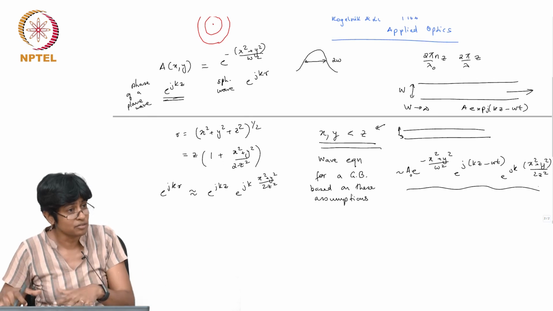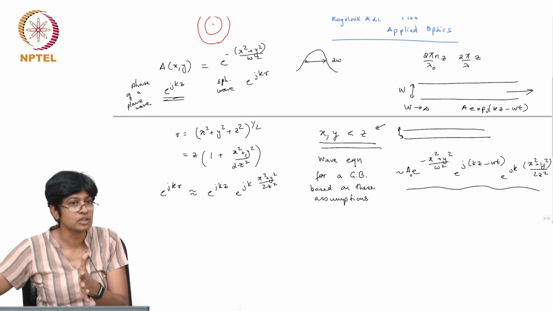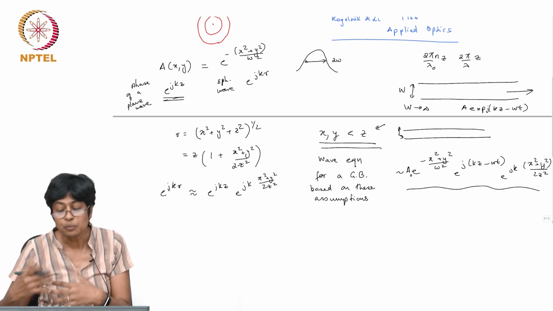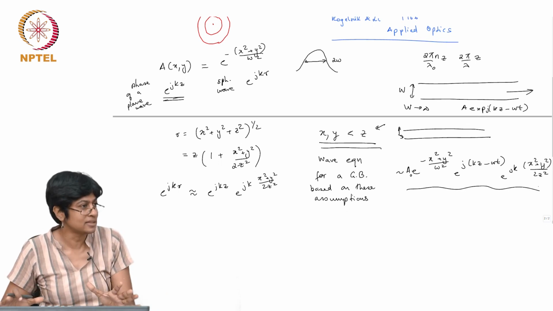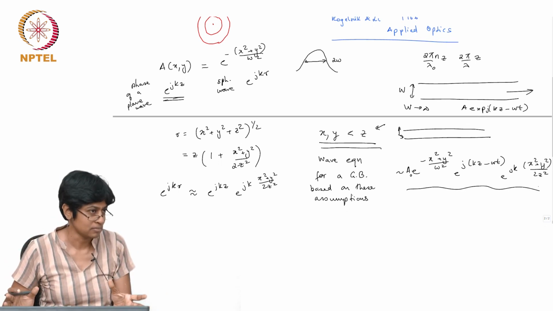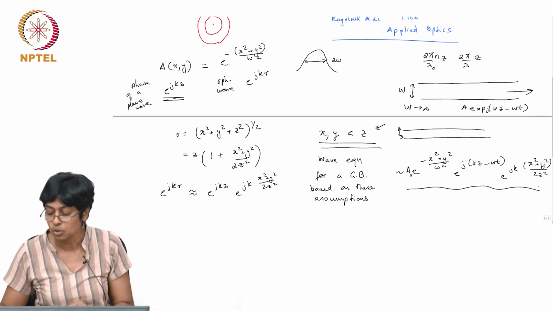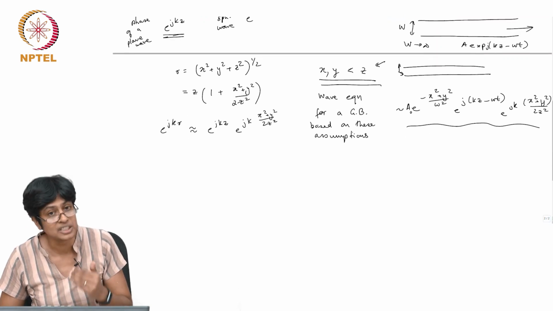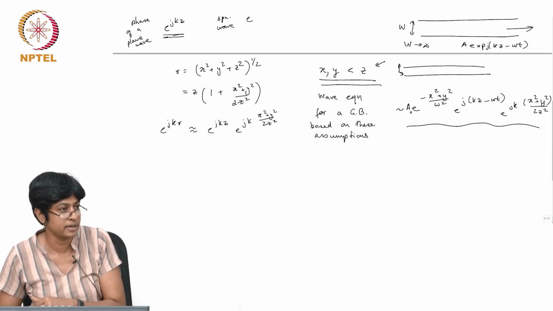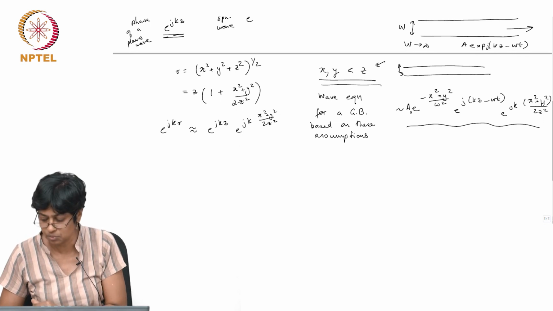So this few minutes should have given you some background as to the origin of these different terms. We can't explain every term of the actual Gaussian beam with this hand-waving argument, right? But at least some of the terms should make more sense to you now. So what I'm going to do now is write out the expression arrived at from a formal derivation, or a formal solution to the wave equation, taking Gaussian beam conditions into account.